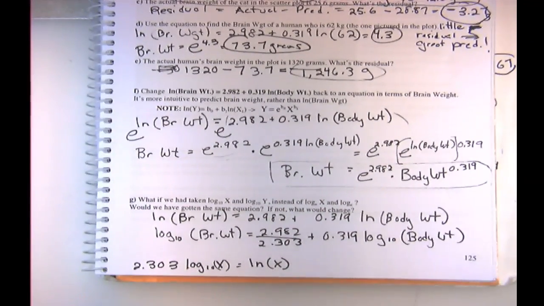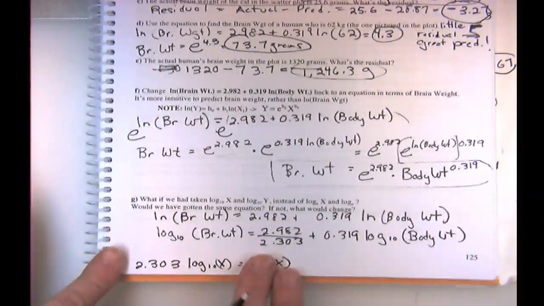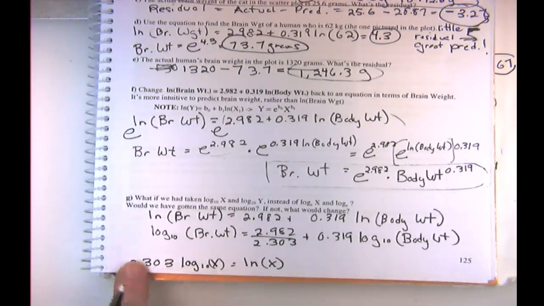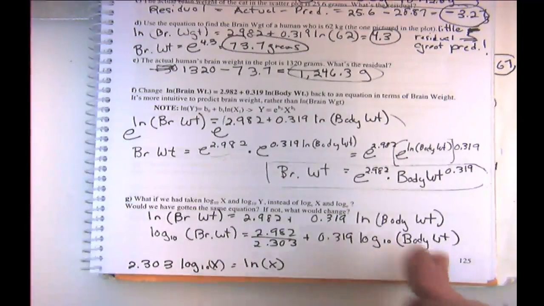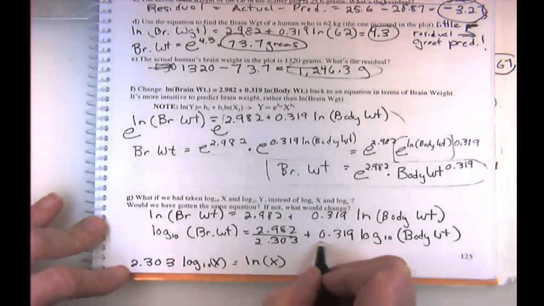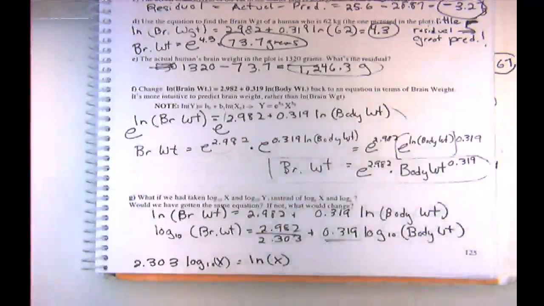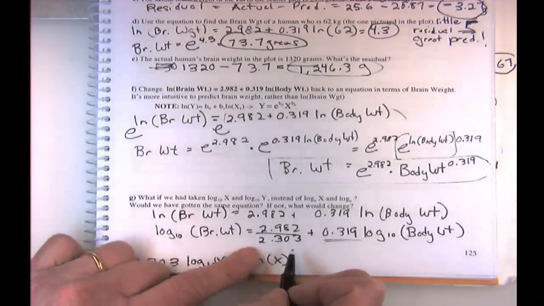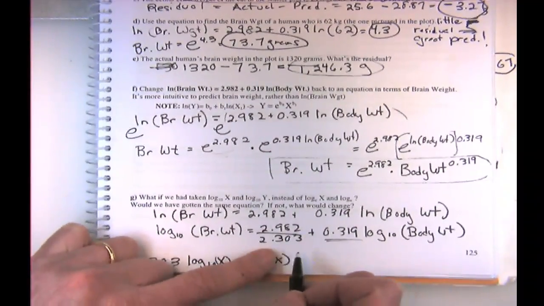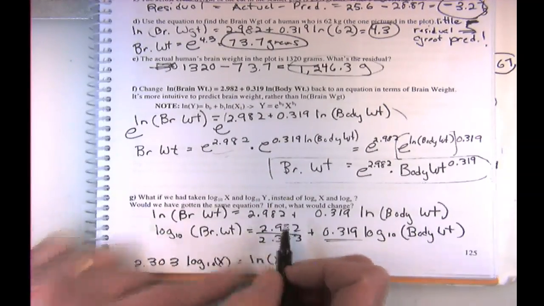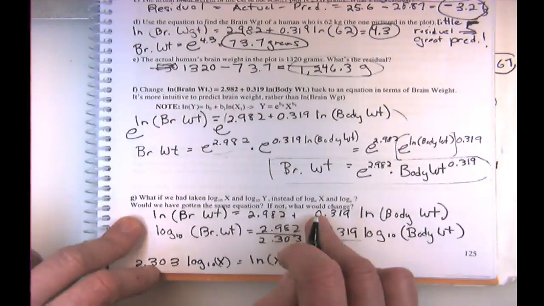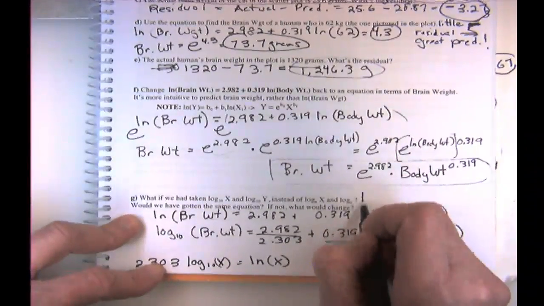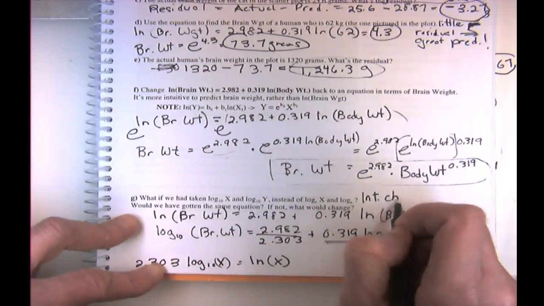So the important point is, you don't need to know this fact. You can do it on your calculator, but the important thing is that when you change to different bases, the slope stays the same. The intercept is the only thing that changes. So if not, what would change? The intercept changes only.